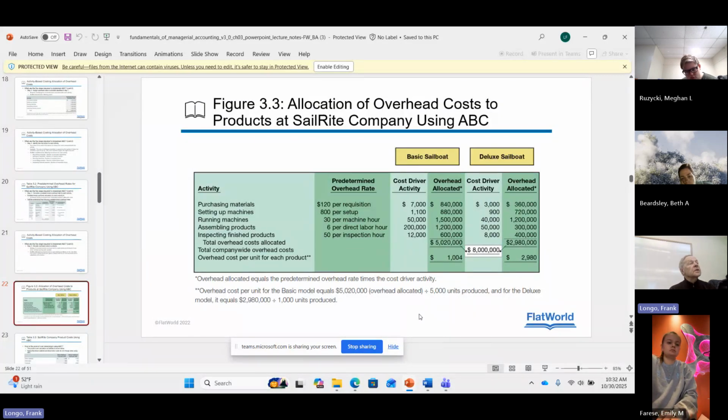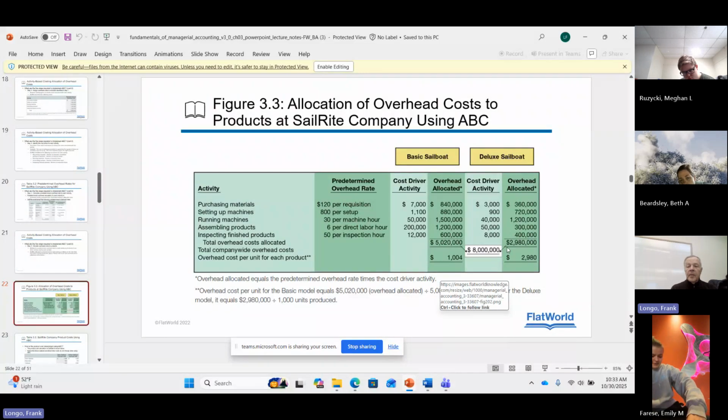The number of units produced was given to us in the factory: it's 5,000 units. Our overhead cost per unit for the basic sailboat is $1,004.